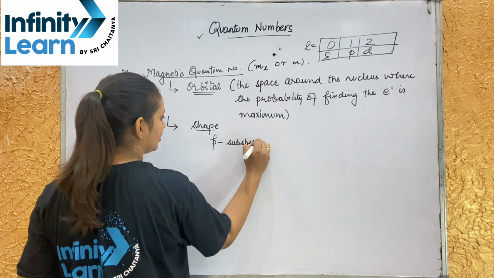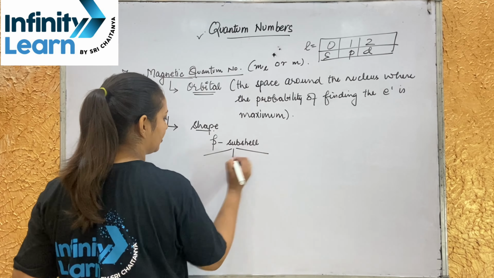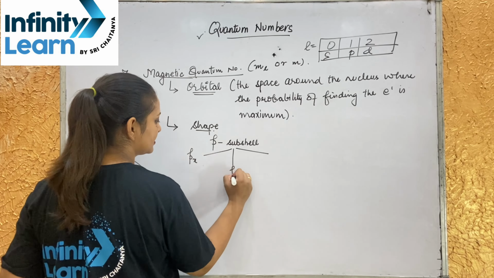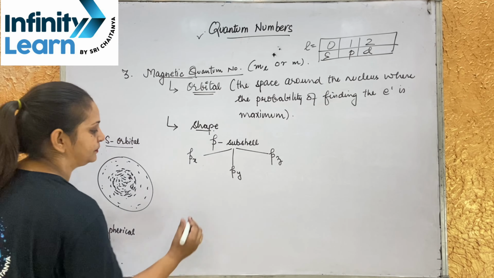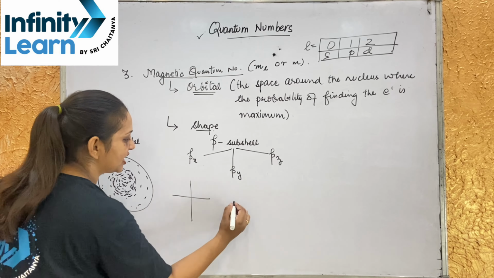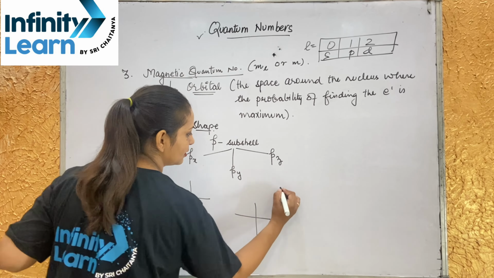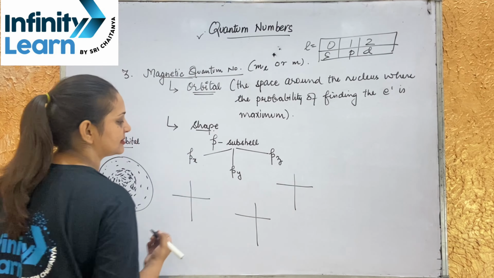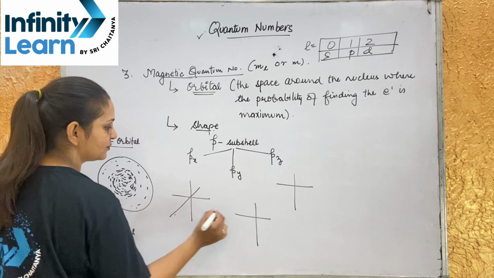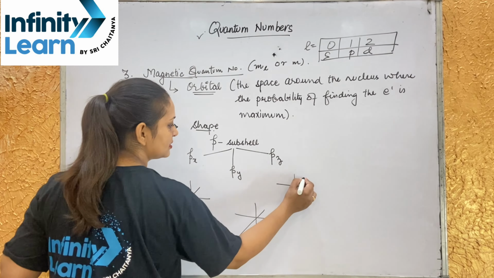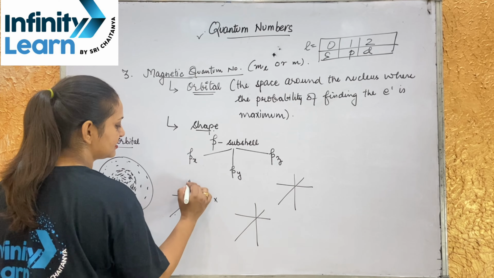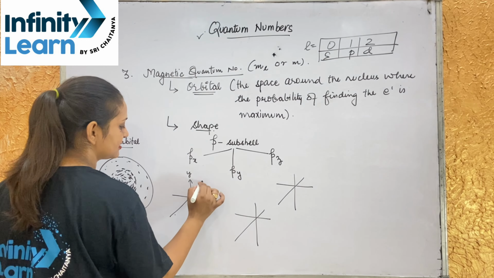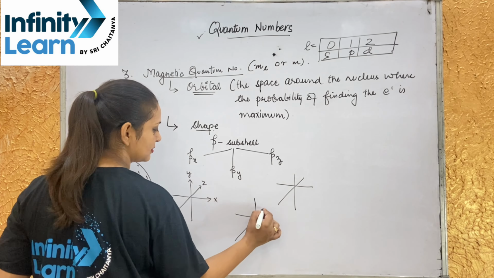And when we say P subshell, there are 3 orbitals, Px, Py and Pz, and their shapes are along the axes. If we talk about the 3-dimensional space, we have the x-axis, y-axis and z-axis.